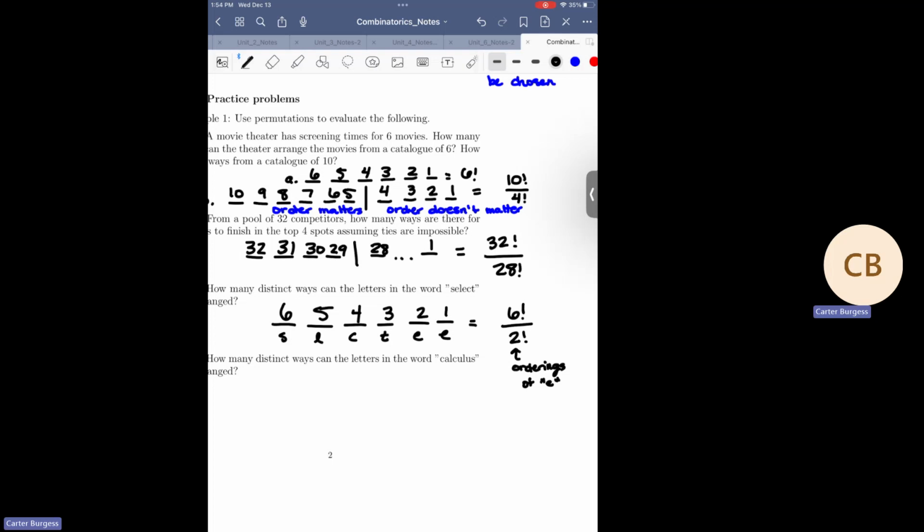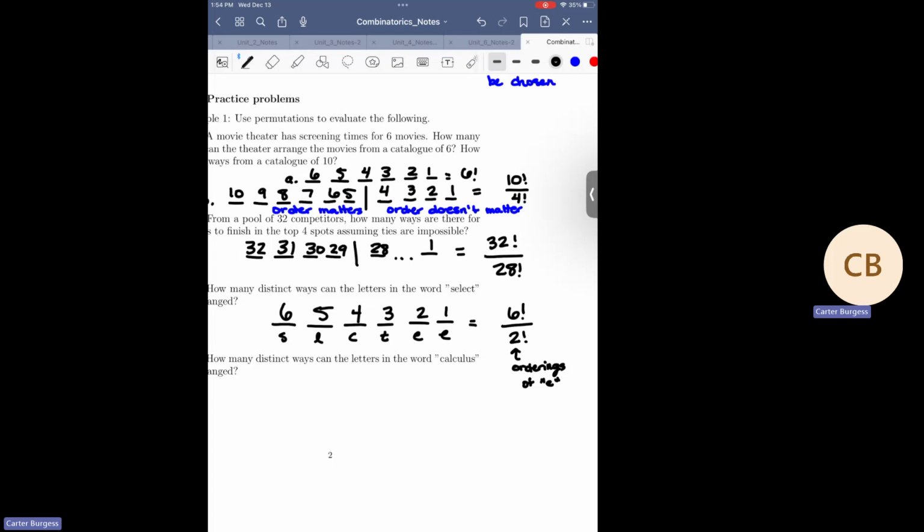If it was 3 E's, if it was select instead of select, what would I do to my, in that case, 7 factorial? Divided by 3 factorial. In that case, we would have 3 E's that could all be shuffled.